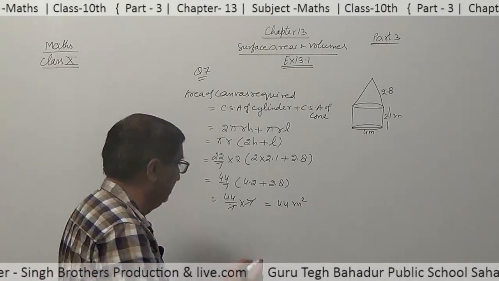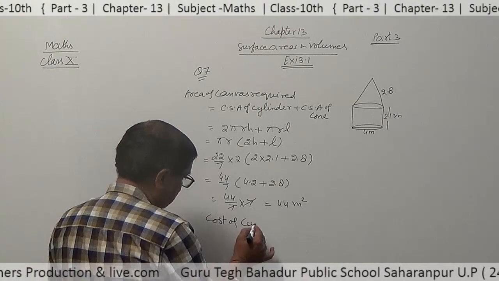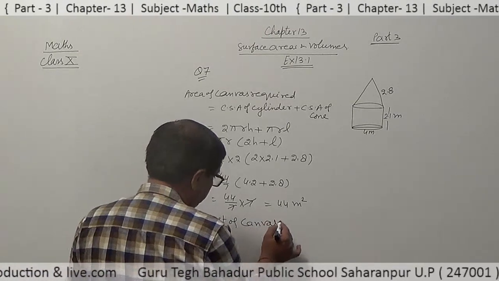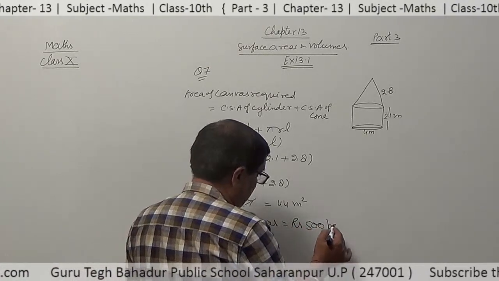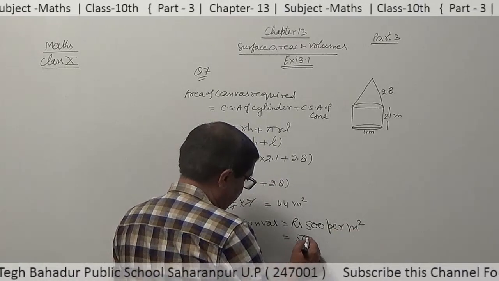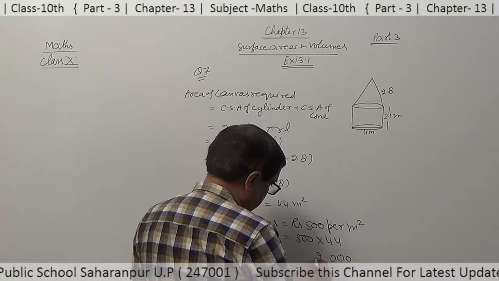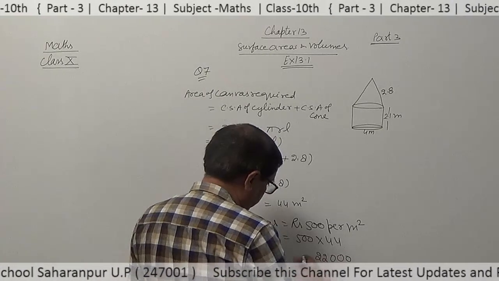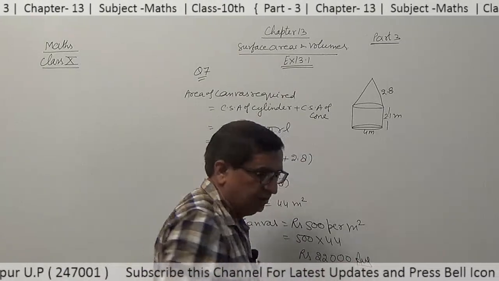Cost of canvas is rupees 500 per meter square. So, 500 into 44, that is 22,000 rupees is the answer.